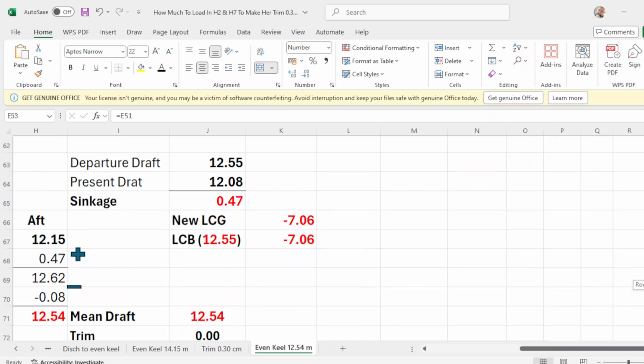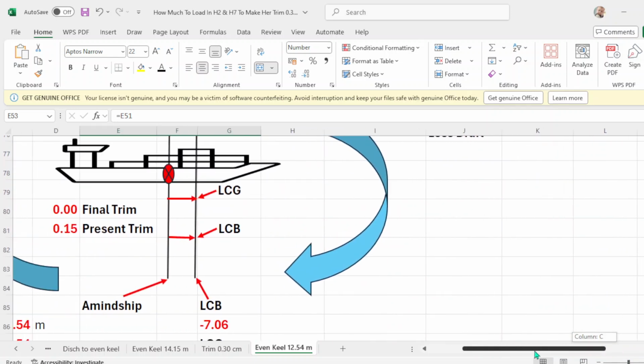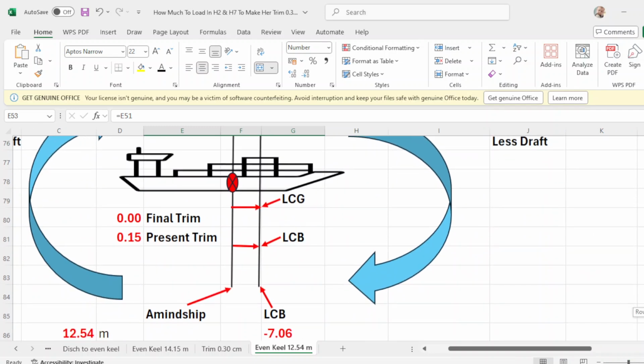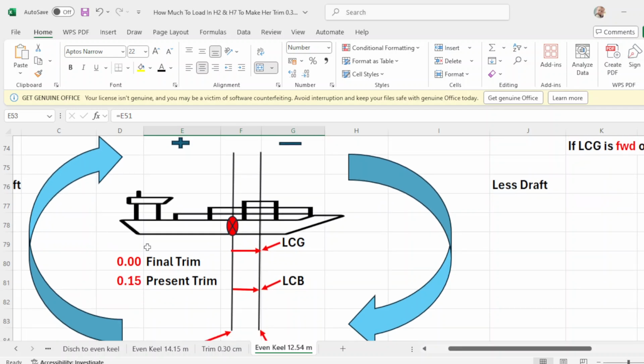Okay, let's go down. This is now your vessel. This is the amidship of the vessel. And take note, guys, your present trim was 15 centimeters, okay? Your trim by 15 centimeters.